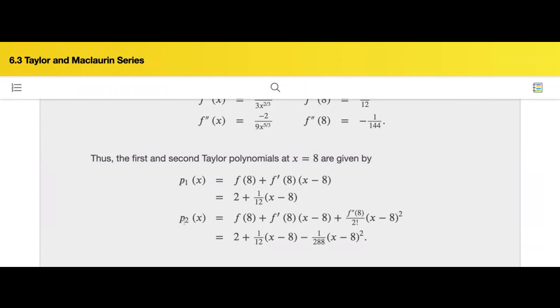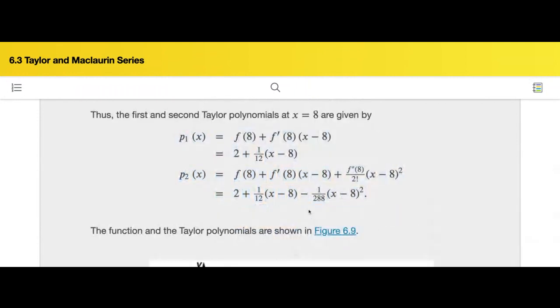So second order means quadratic, right? So it's the P1 part plus the quadratic term, which is negative 1 over 144 multiplied by 1 over 2 factorial, which is 1 over 288 times x minus a squared. So we have a quadratic form.